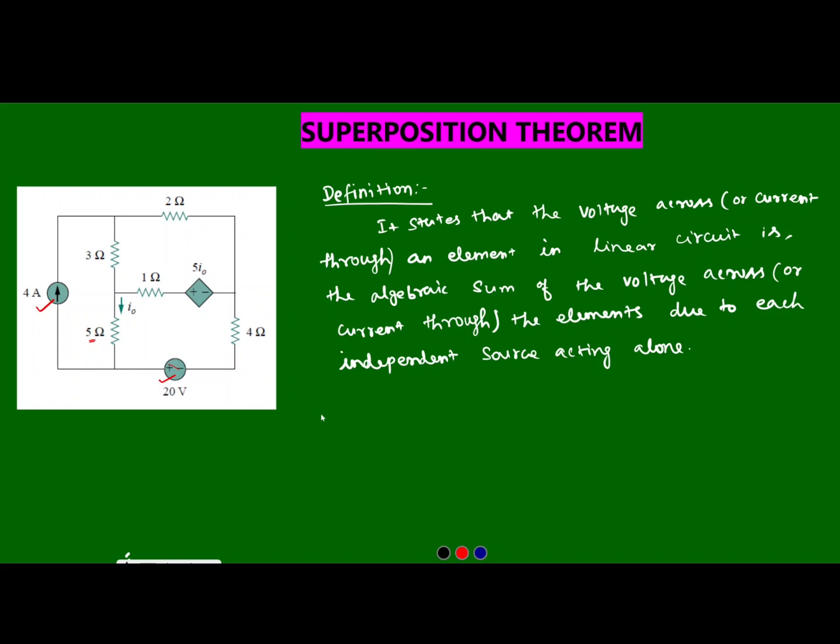Turning on and turning off of voltage and current sources should be done with certain steps. Turning off of independent sources: in case of a voltage source, short circuit it.